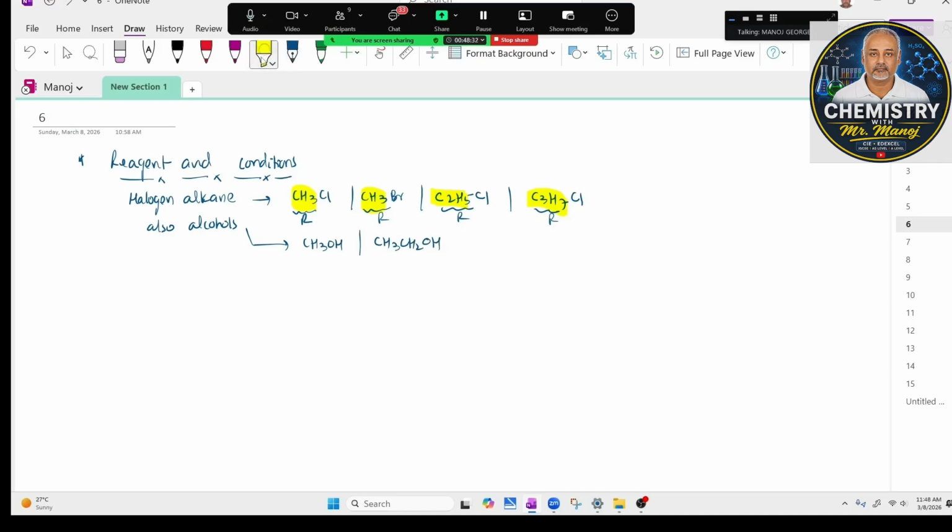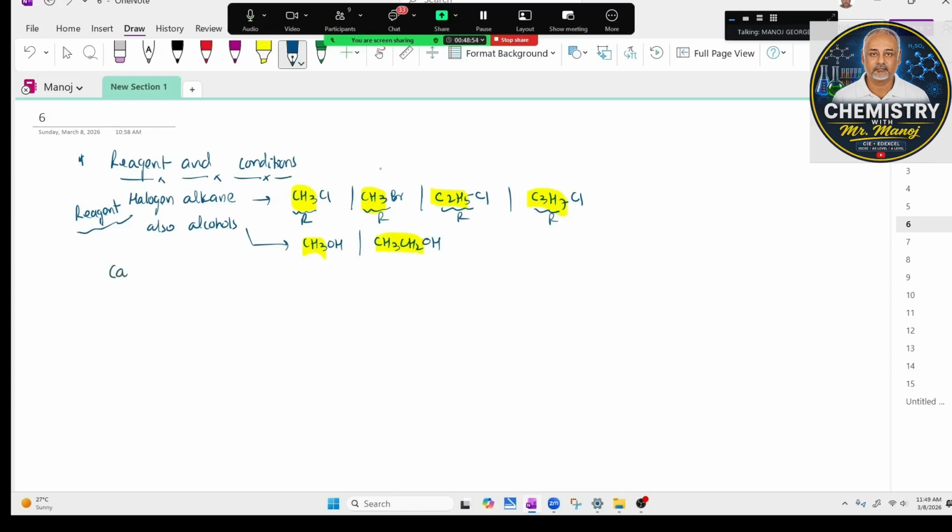If I want CH3, I can use alcohol, methanol. I can use ethanol, or I can use halogen alkane. Whichever source I can use. So that's the reagent. It's always good to be very clear about who's the reagent, what's the reaction condition, and what's the name of the reaction. Very, very important for you to always keep that.